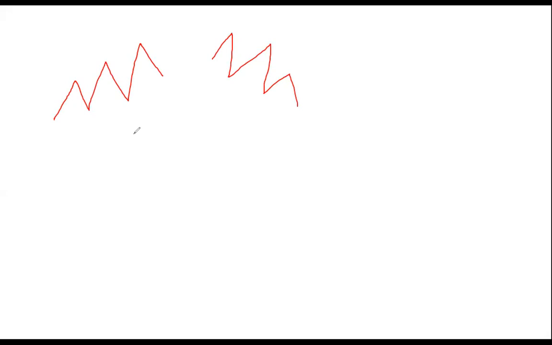The market will never do this. Okay, who agrees with me? Have you ever seen the market do that? Just like a heart rate monitor.